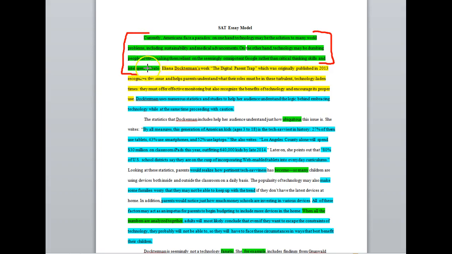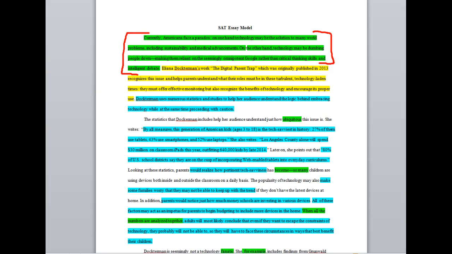Okay, so what you might notice is that part right there is highlighted in green. So what I want to point out to you is that anything that's highlighted in green will help you rack up points as far as control of language on the rubric is concerned. Anything that's highlighted in yellow will help the writer show skills in reading comprehension, show that they really understood the passage well.